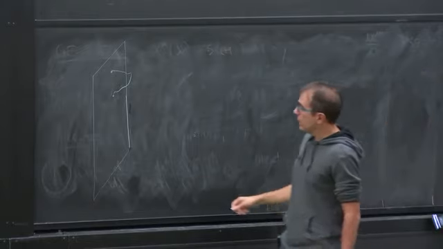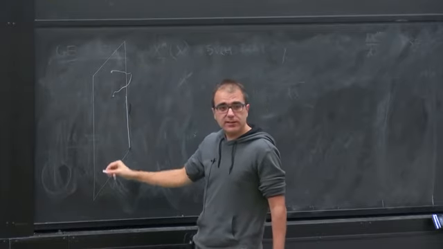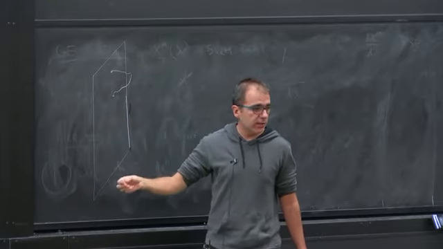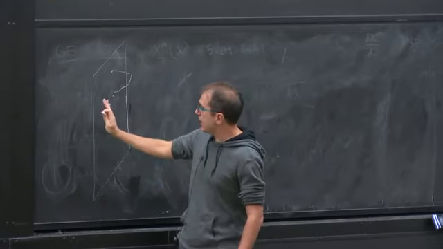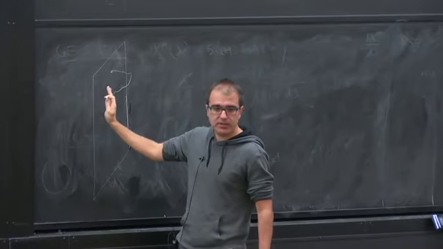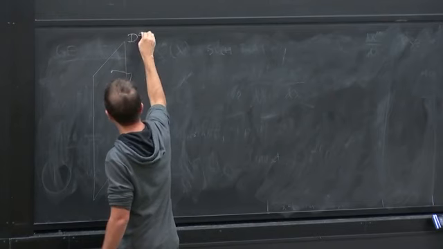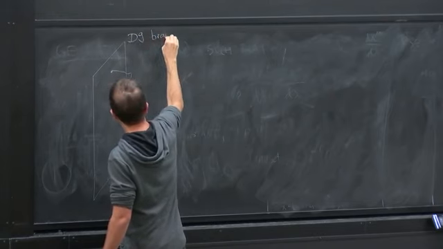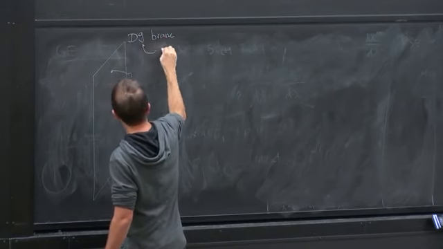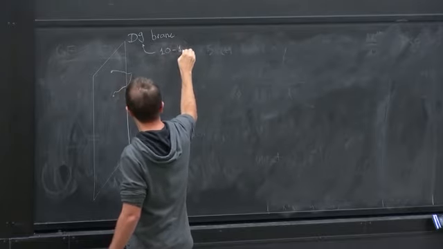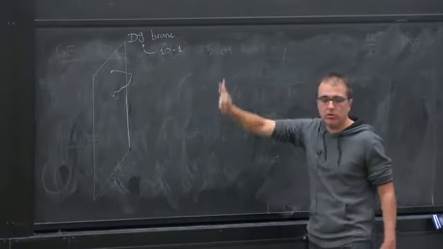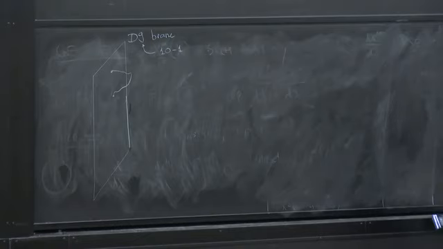Now, this D-brane can be space-filling, in which case it's a 10-dimensional plane, 9 plus 1 dimensional. Then it would be called a D9 brane. This 9 is just 10 minus 1. It's saying that it occupies all 9 space dimensions plus time. So it's really space-filling.